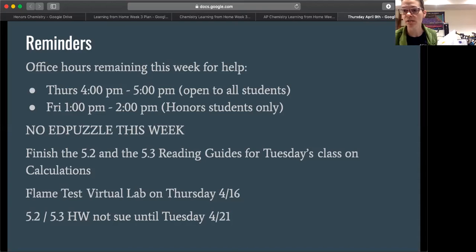So get the Ed Puzzle done if you didn't already. The 5.1 homework was my request for this week. The Flame Test Lab will be my request for next week. And then that homework, which is going to be combined, if you'll notice when you get to it after section 5.3, it says section 5.2 and 5.3 homework. That combined assignment will not be due until the following week.